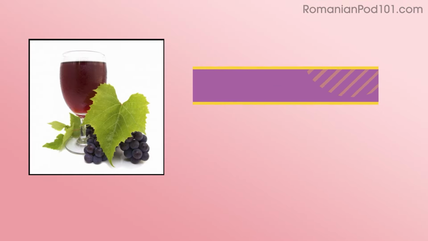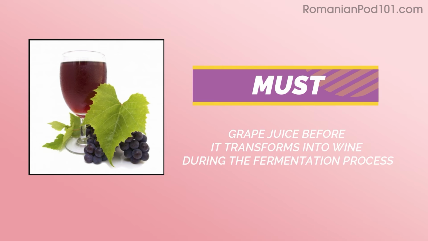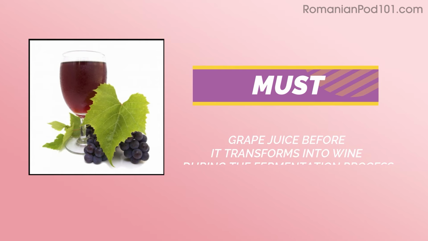Grapes. If you like grapes, you will most likely also like the freshly pressed grape juice Romanians call must. Must is the grape juice before it transforms into wine during the fermentation process.